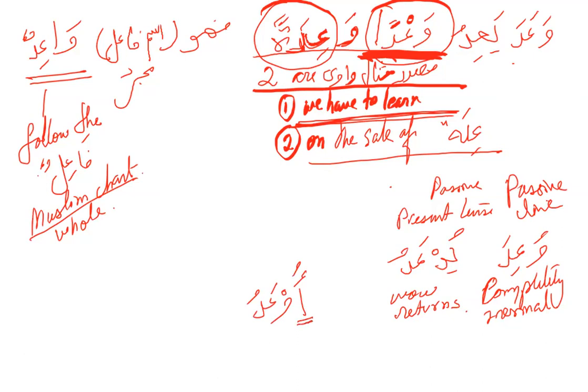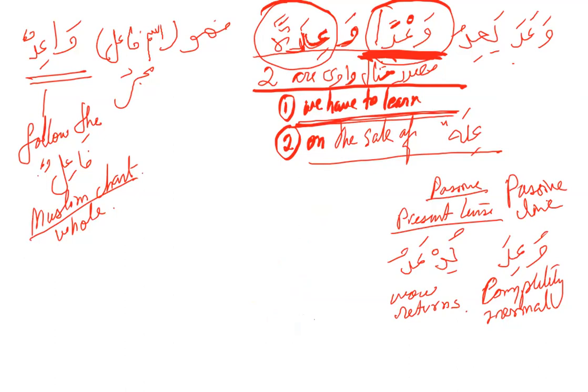It does not fall or become silent. It is always there. Why not a fatha? Because this is passive; the mudare letter will always have dhamma. Okay, no worries. This is why we are reviewing. So everything comes back, inshallah.